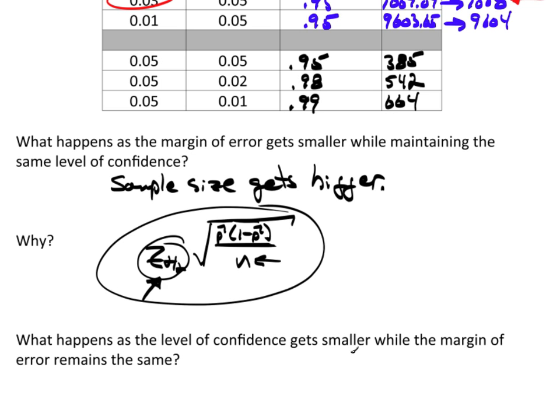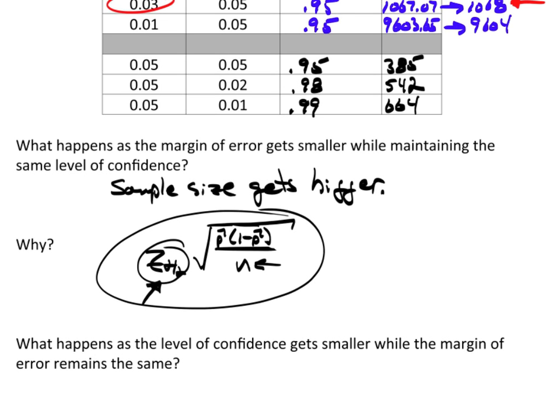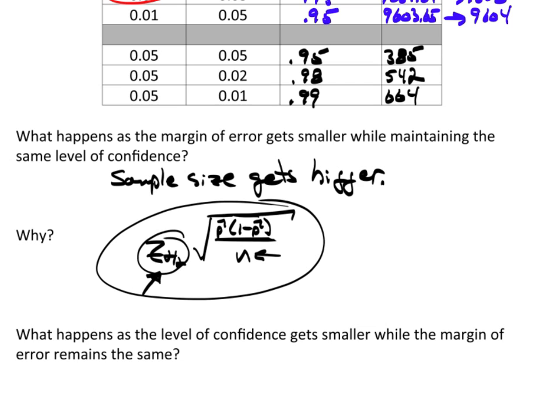What happens if the level of confidence gets smaller while the margin of error remains the same? Well, that is this next one where I change the confidence level. And actually this is misworded. This says what happens if the level of confidence gets smaller. It's not. The confidence level is getting bigger here.